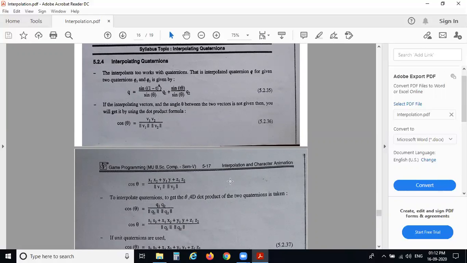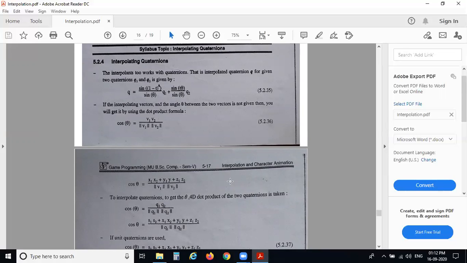Okay, so to interpolate quaternions to get theta, the 4D dot product of the two quaternions is taken. So the equation is cos theta equal to q1 dot q2 divided by determinant of q1 and determinant of q2.